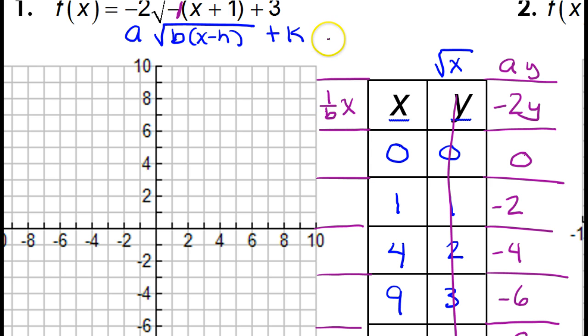Like 1 over b is a way of saying the reciprocal of b. Just in case, when I say this word reciprocal, if I had 2 over 3, the reciprocal is 3 over 2. So it's like you're turning it upside down.